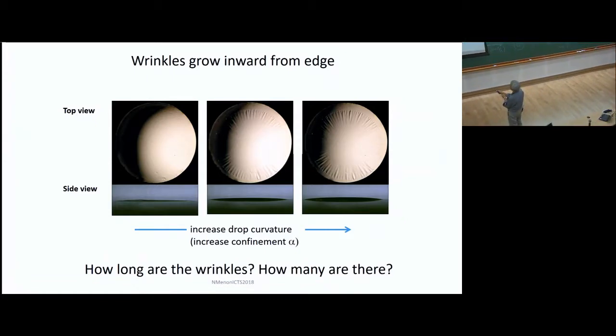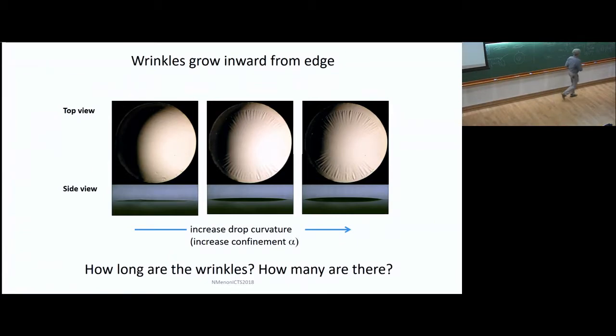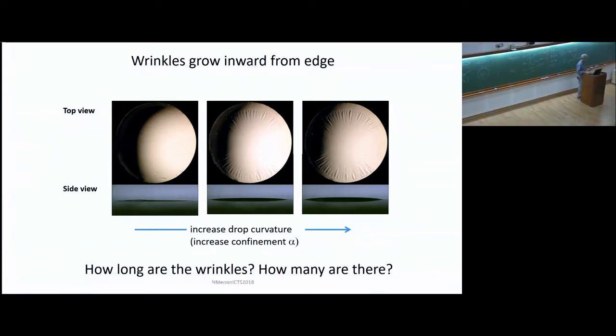Oh, they start at the edge of the film, sorry. This black thing is not the edge of the film, I'm sorry. The film is here. The edge of the film starts deforming. You start getting things from here. Okay?